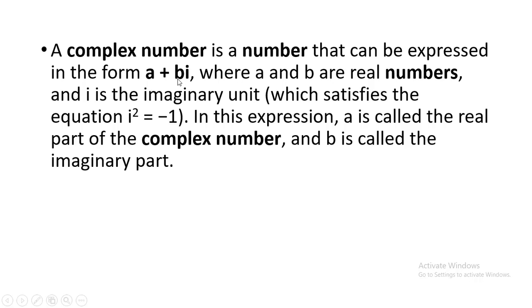So since it's written with b, we say that in this number a is the real part and b is the imaginary part, since iota or i is written with this number which is real, but since it is an imaginary unit, just because it's written with a real number, we say that this is the imaginary part of the number and this is the real part of the number. Combining both the real and imaginary part of a number gives you a complex number.